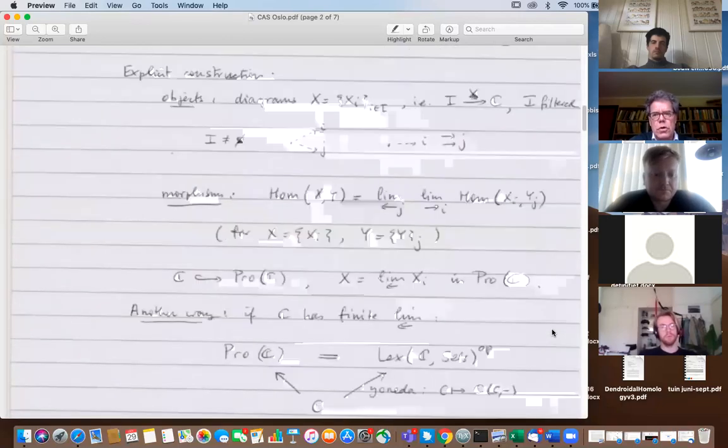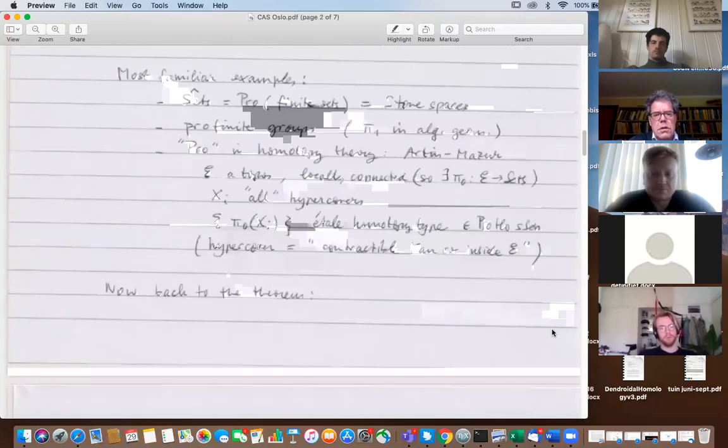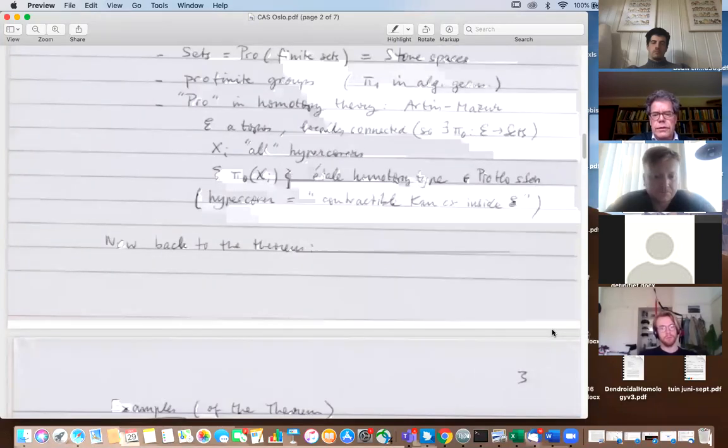So I think much of the talk will be concentrated on these examples because our motivation for the work was actually twofold. First of all, we wanted to have a unified and simple treatment of many of these model structures that occur in the literature.